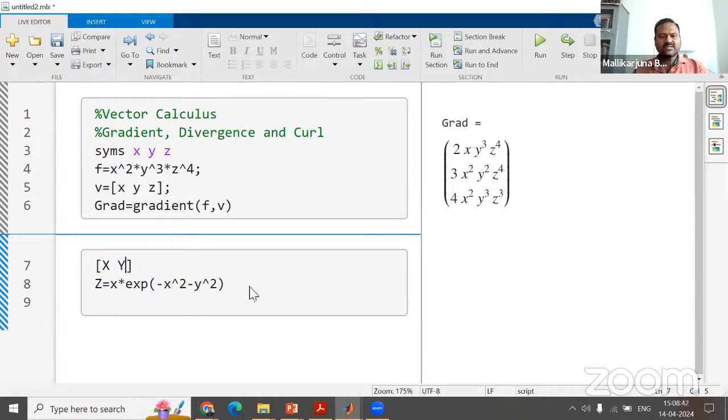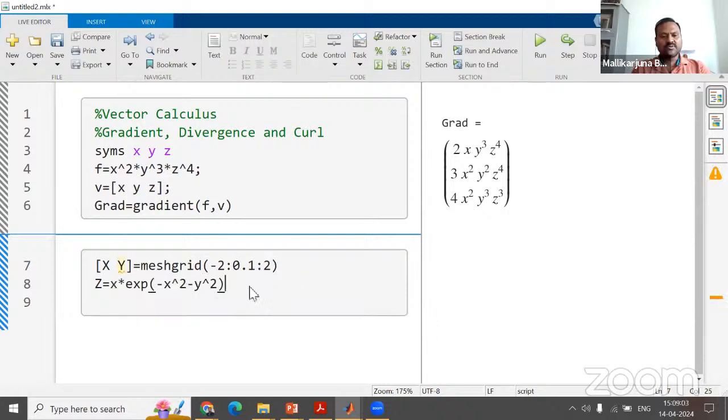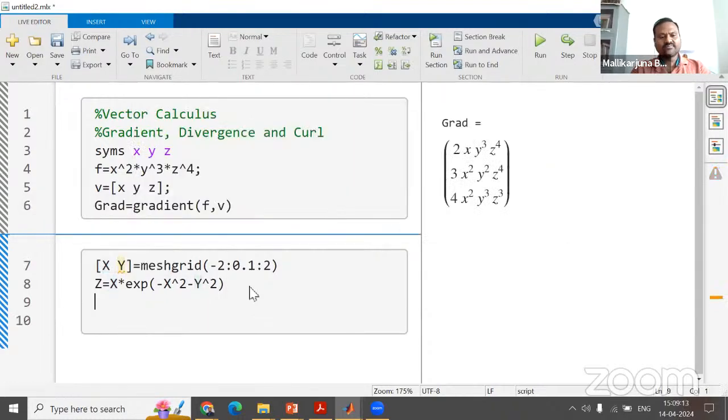In previous sessions, when we drew the plots, we discussed how to draw three-dimensional diagrams using the meshgrid, right? Meshgrid. So here -2, step size 2, like this, suppose I'm taking, right? Now the function is in terms of capital X and capital Y. You can take x comma y.